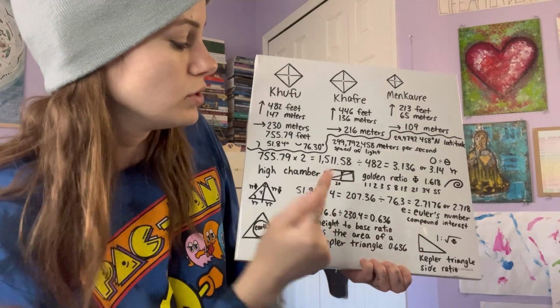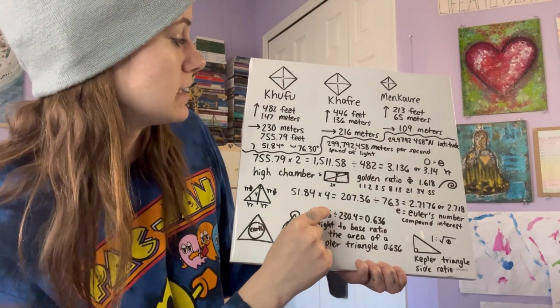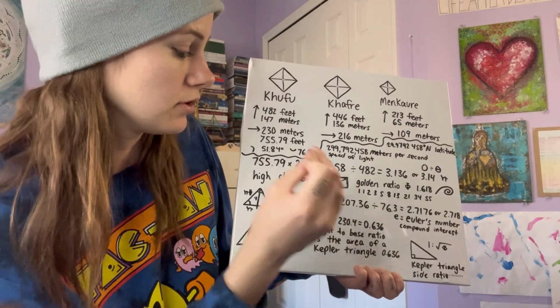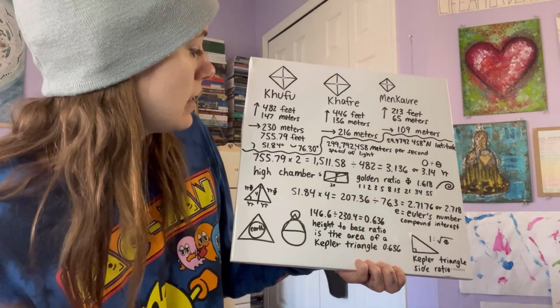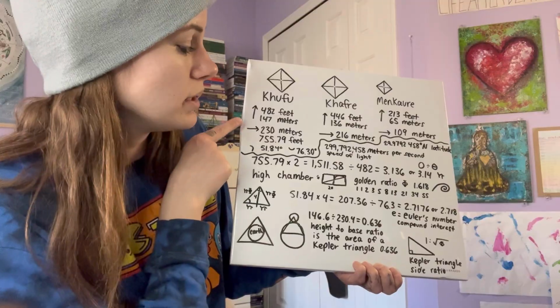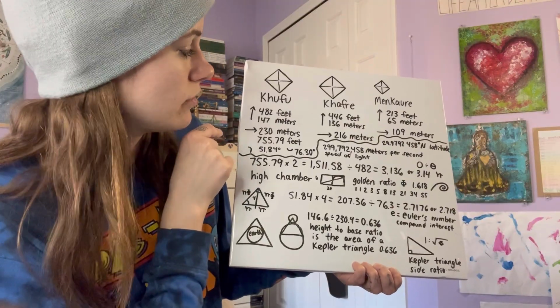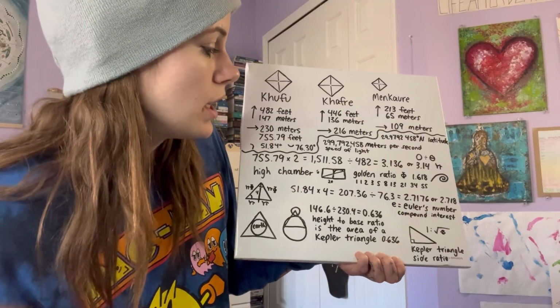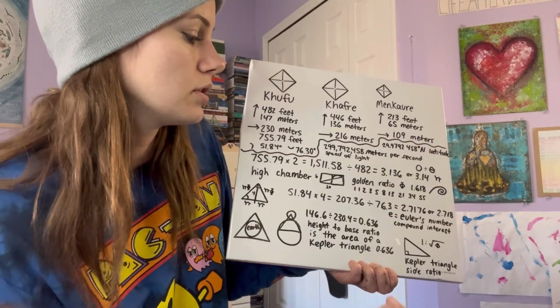Here's another one. You take 146.6, to get more exact. We're using meters now for this different calculation because we can do that. Divide it by 230.4, getting more precise meters for the length of it. That is the height to base ratio. You get 0.636.